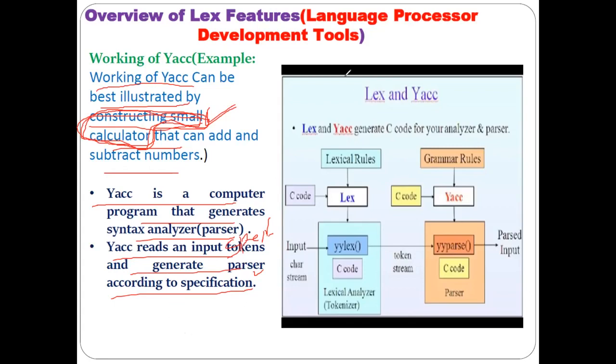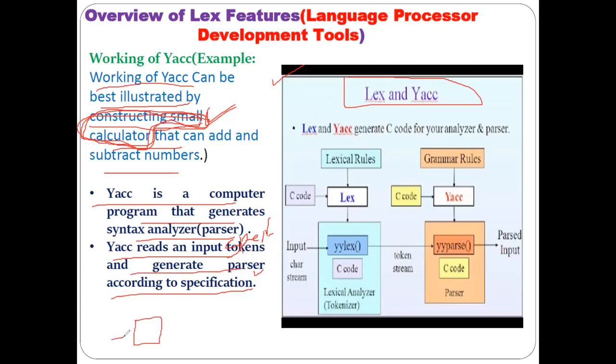Here is one more important thing you have to understand. If you see the phases of the compiler, each phase depends on another phase. The parser or the syntax analyzer cannot work until it gets the tokens from the lexical analyzer.